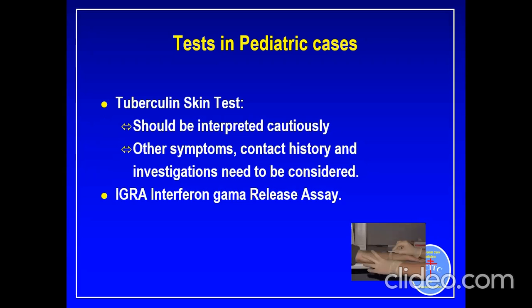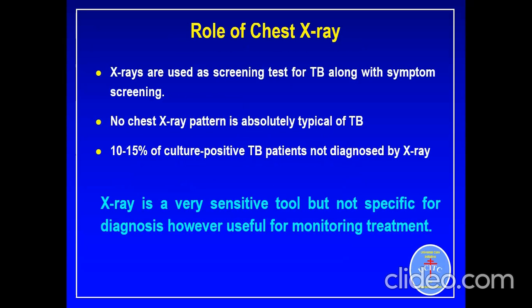Diagnosis of tuberculosis in children is very difficult, and we need to look at the complete clinical presentation, the family history of tuberculosis, exposure to tuberculosis, then identify the radiological examination, and as far as possible, if it is possible, do a gastric lavage to identify MTB. Surrogate markers are like tuberculin skin test and the interferon gamma release assay. That's as far as the tests in pediatric cases are concerned.